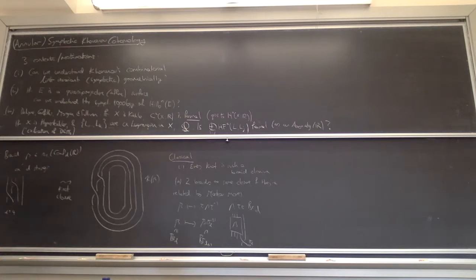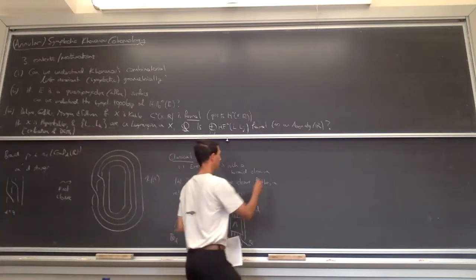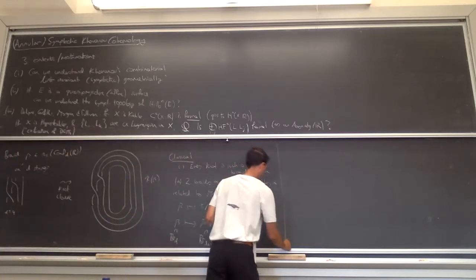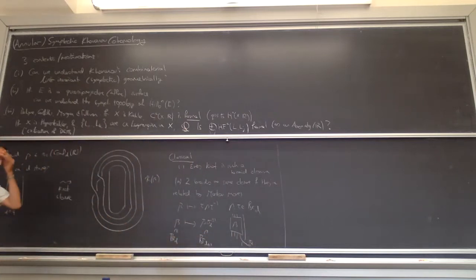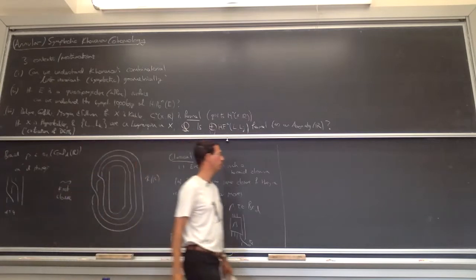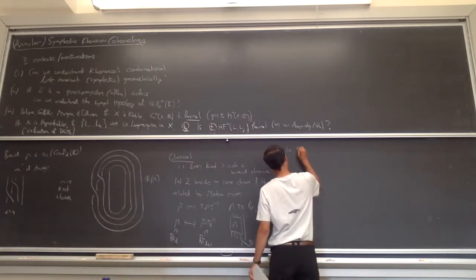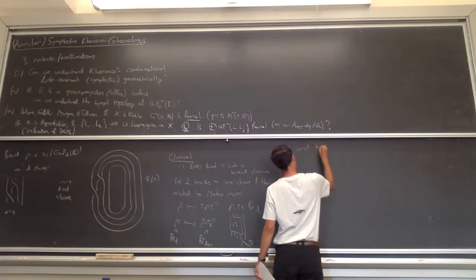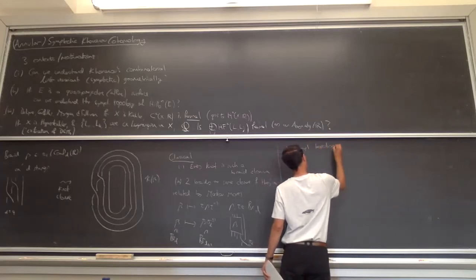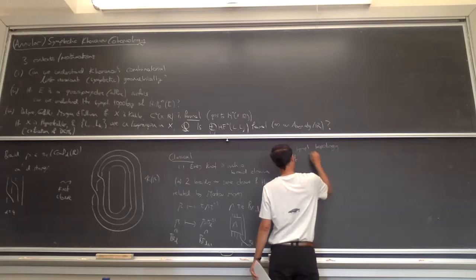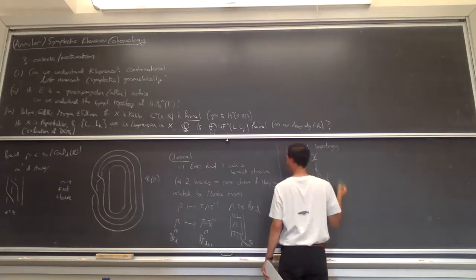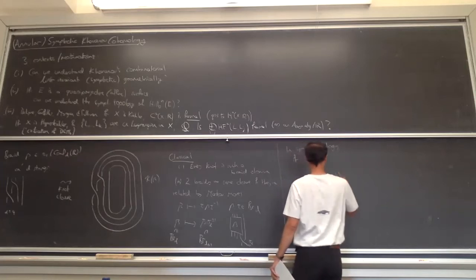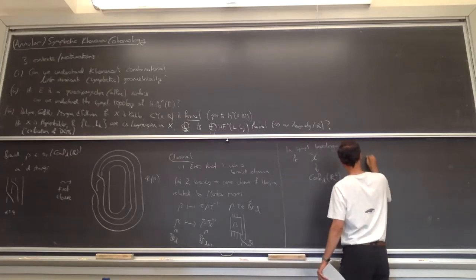Okay, so this will be our input into thinking about braids. And if you're a symplectic topologist thinking about braids, the natural thing to look for is a symplectic fiber bundle over the configuration space of D points in R2.